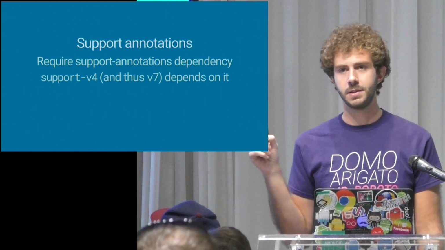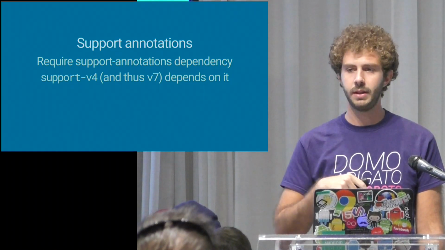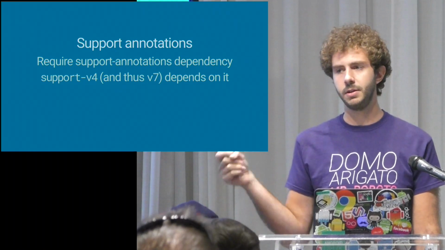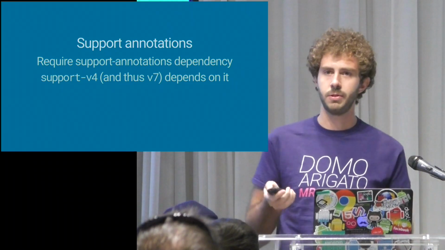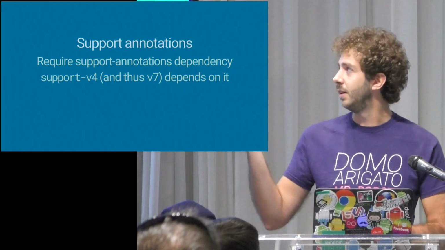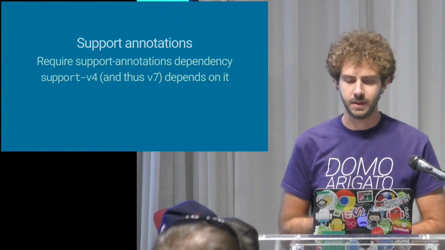But luckily enough, support v4 and thus support v7 do depend on the annotations library. So you basically always get them for free in your class path anyway. I don't think anyone ever builds anything without either support v4 or support v7. So you get it in your class path.